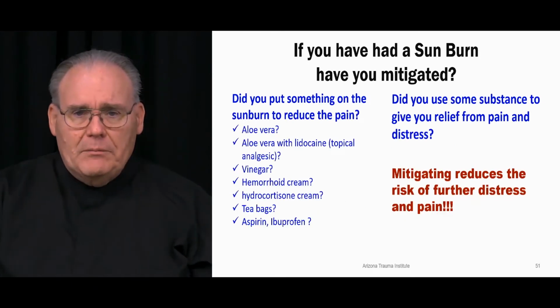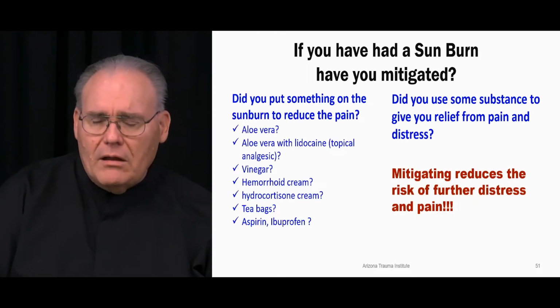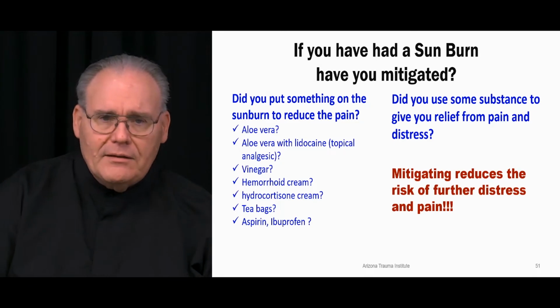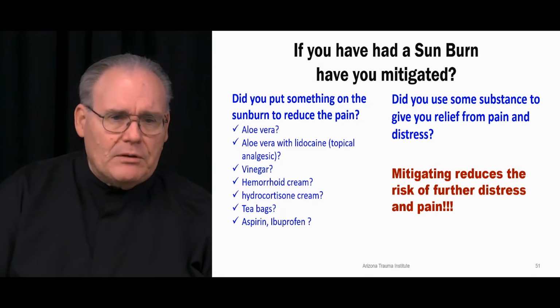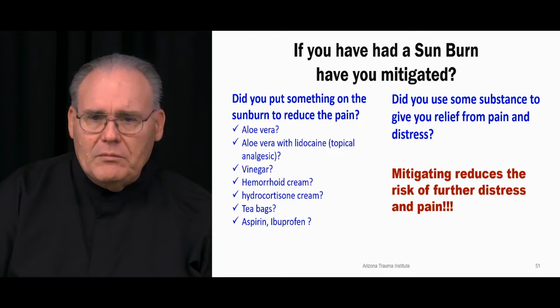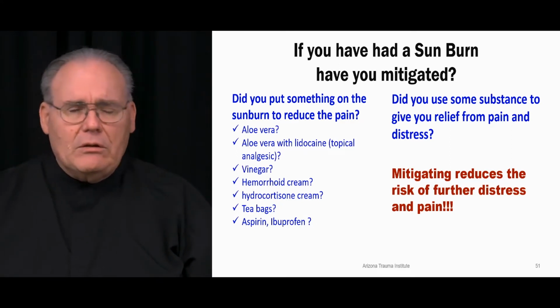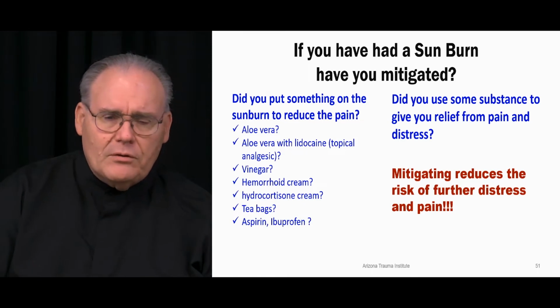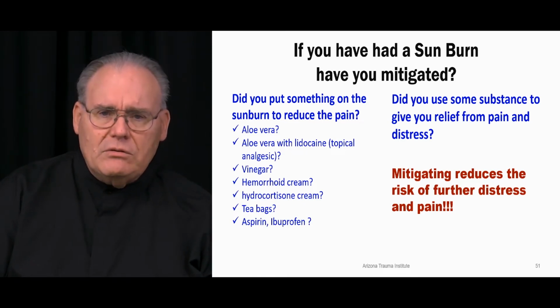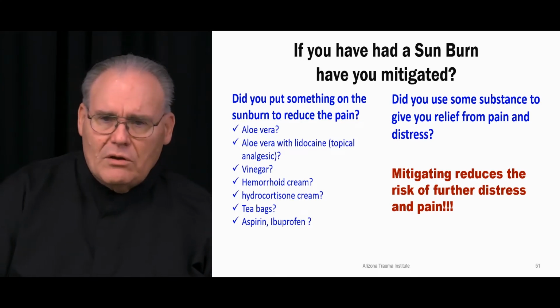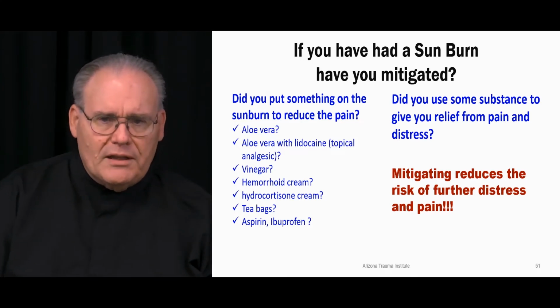So you get a bad sunburn, you're going to rub aloe vera on it. You're going to use some kind of topical analgesic. If you have an extremely bad headache, you may use Excedrin or ibuprofen or some other pain reliever. If you have a bad toothache and you can't get to the dentist, you can always get clove oil and put clove oil on it.